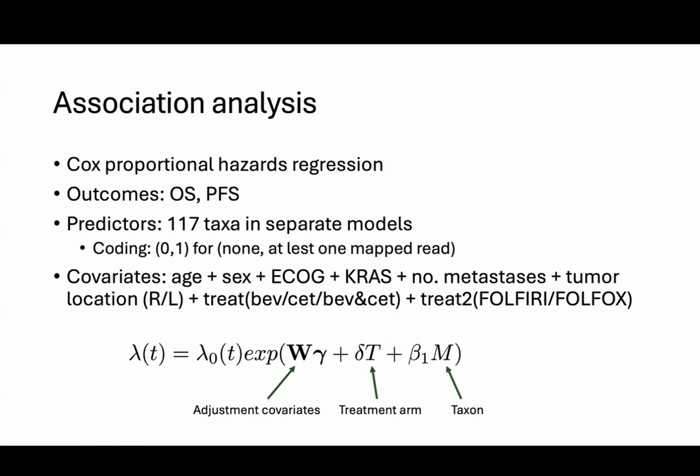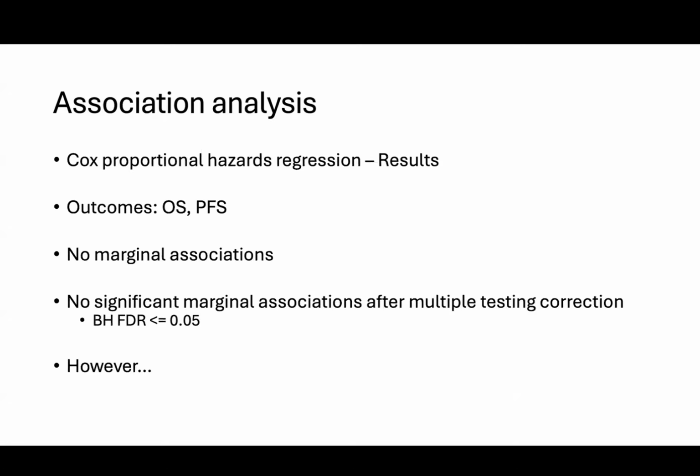117 taxa. Then I conducted Cox proportional hazards regression to relate those abundances to survival, overall survival and progression-free survival in the patients, adjusting for patient characteristics and treatments. And what I found overall in those marginal association tests was essentially nothing that met the FDR corrected significance level.